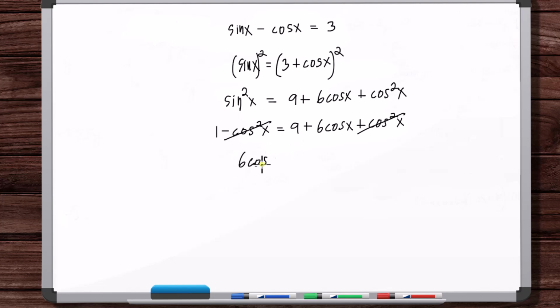So 6 cosine x plus 9 is equal to 1. Subtract 9 from both sides. Divide both sides by 6. So you have cosine x is equal to minus 4/3, and that's actually not a solution anyway, because cosine is between minus 1 and 1.